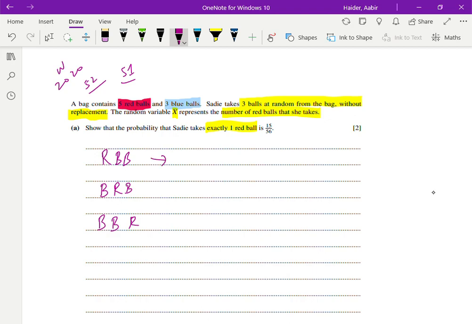So the probability for the red ball, definitely, first you are having red balls, so 5 red balls out of a total of 8. And then since it is without replacement, your total will decrease by 1. You now have 7 balls in the bag, no more 8 because you have picked up 1. So now you have 7, and out of 7 you are going to find the probability for blue.